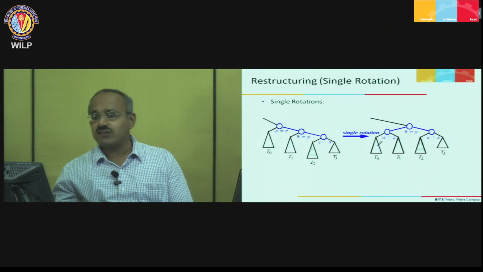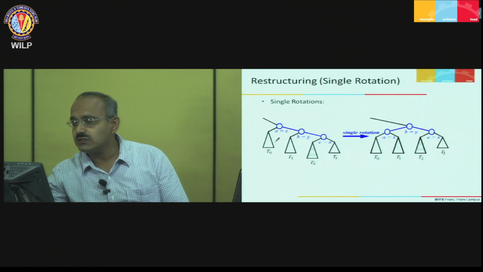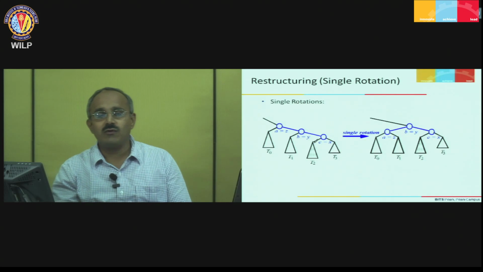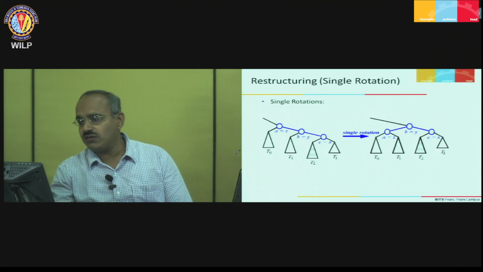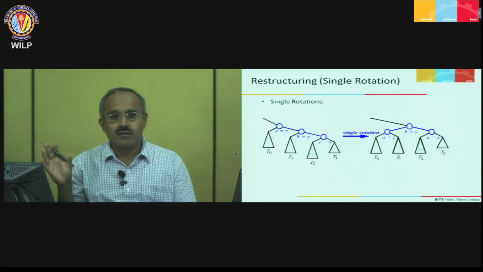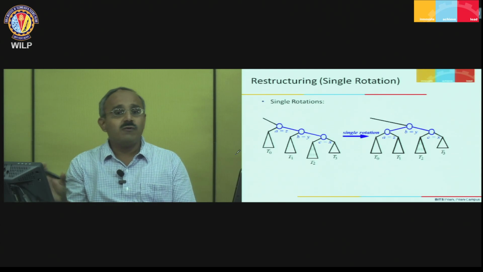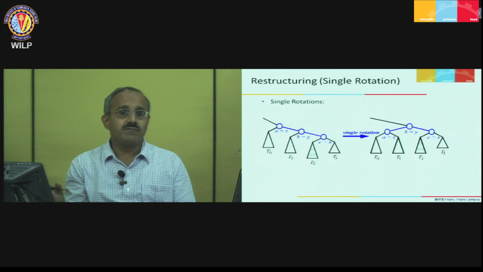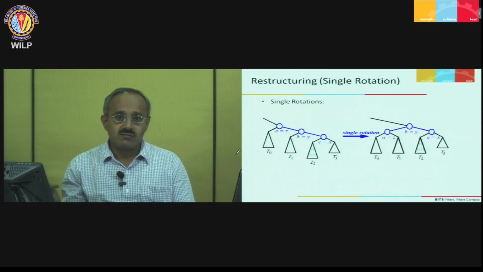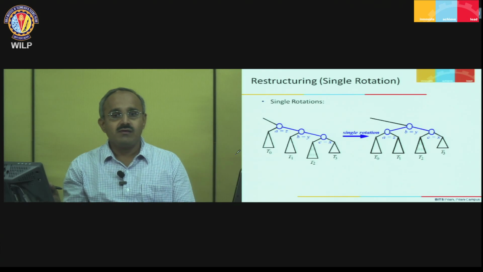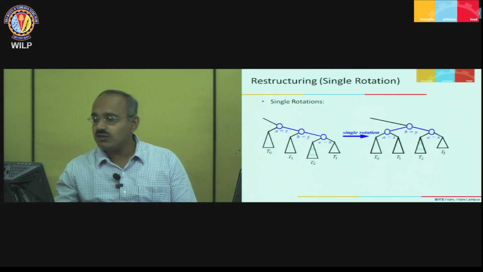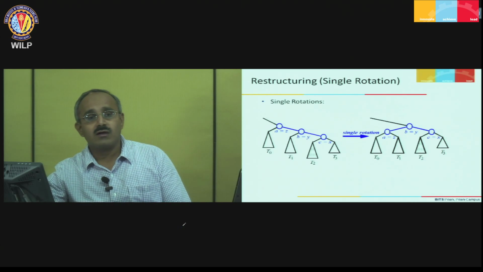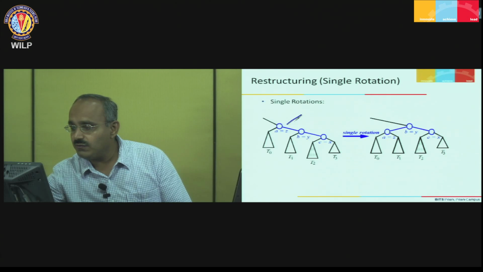So, the first case is like this, A, B, C. If I look at the first case, we are precisely trying to look at the part of a tree at which the height property is violated. Right. So, we are showing only a part of a tree at which the restructuring needs to be done. In this case our imbalance happens at z, right.